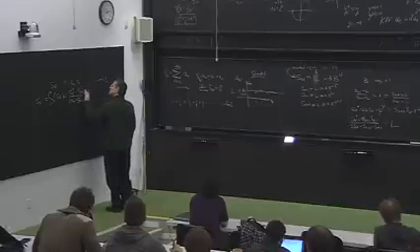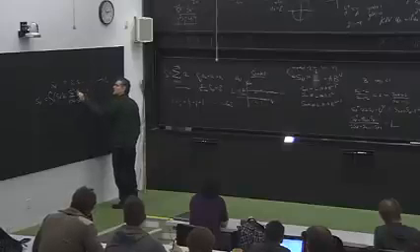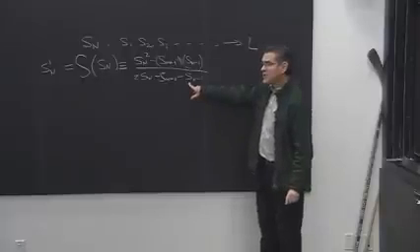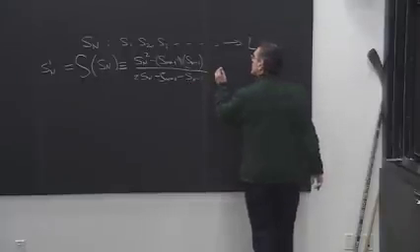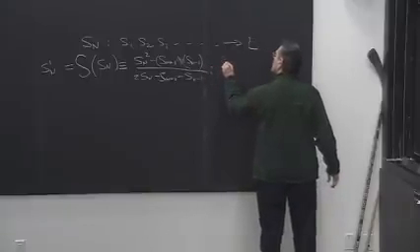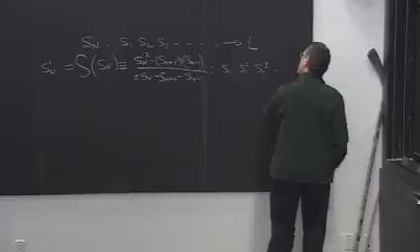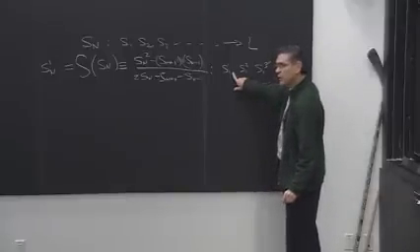Oops, this is times minus Sn minus 1. Okay, this times that. So this is the definition of a new sequence. Okay? So this gives us S11, S12, S13, and so on. But not really S11.